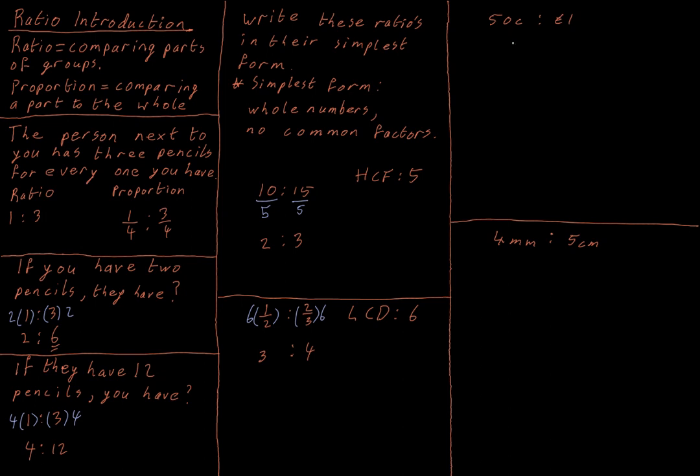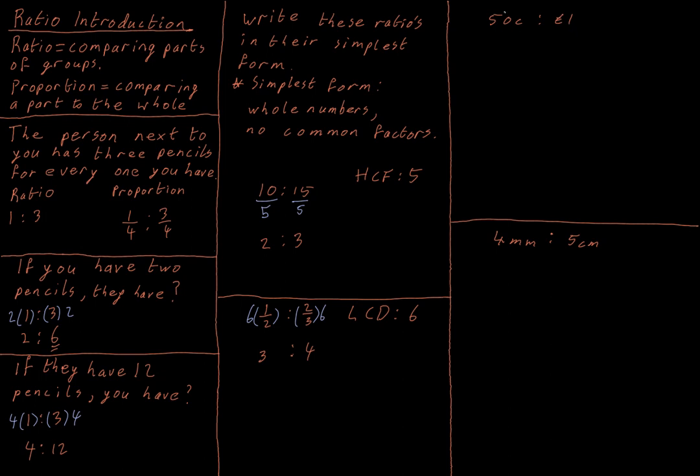There are ways of doing these questions where you can't compare them. You might be talking about days is to euros, and we can't change them to be the same units. But where possible, we should change everything to be in the same units so we can understand the comparison we are making. So here I have 50 cent is to 1 euro.